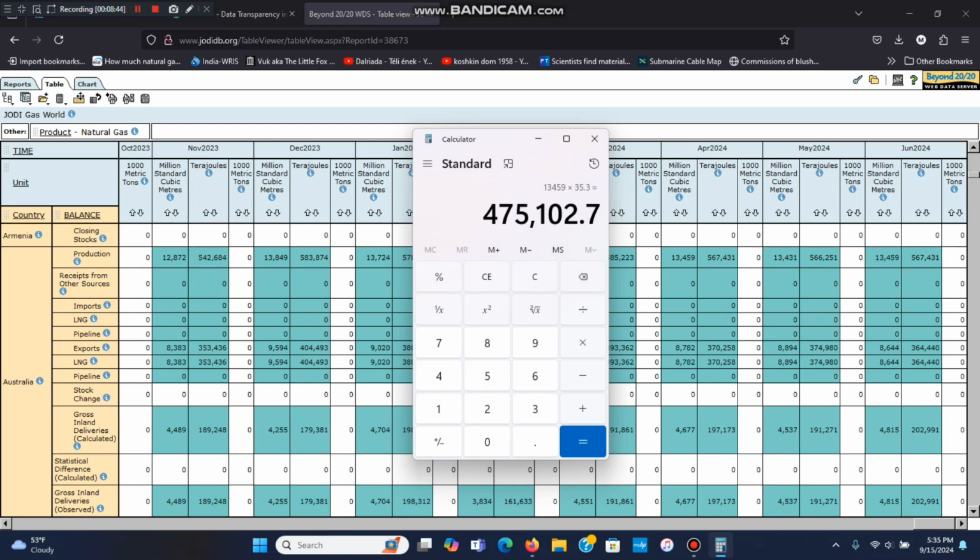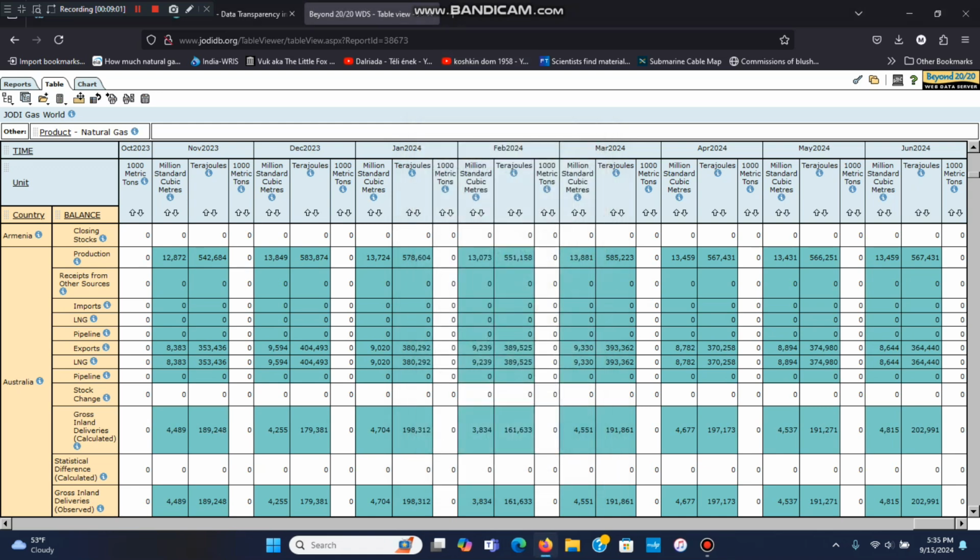So you do that and then divide by the number of days in that month. June has 30. So you would divide that by 30, and you get roughly 15.8 billion cubic feet per day of natural gas production for Australia. So that's how you do that. That's where you can get that data monthly for the countries that do actually publish that monthly data. As again, not everybody does.